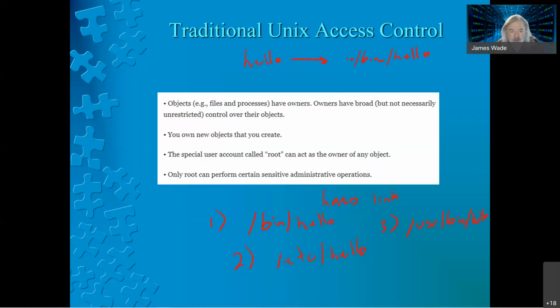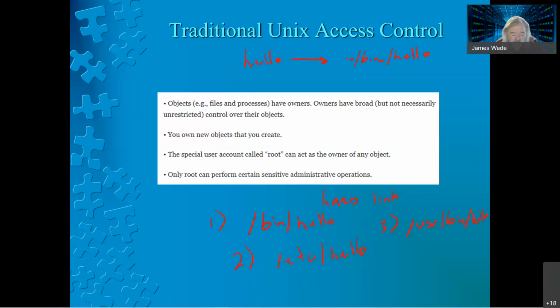Basically, every object in Unix has a unique identification number, an inode, that keeps track of information about that file, whether it's a dev file, files, or folders. Each one of them has a unique inode that the operating system keeps track of.